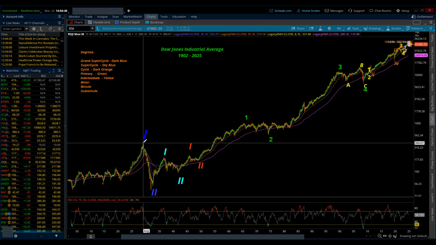Now, we have pieced together additional data found from the London Stock Exchange, from when London was building and trading, and then of course, the United States.